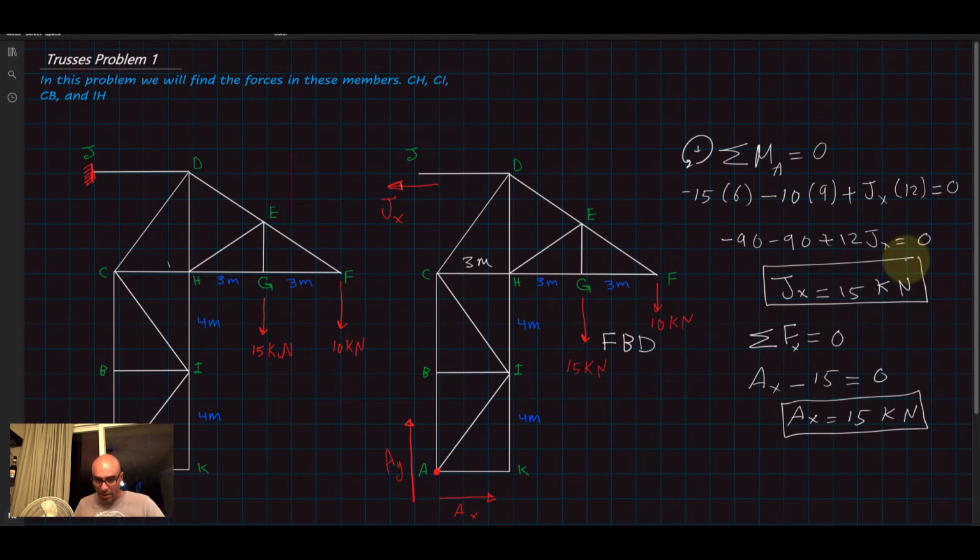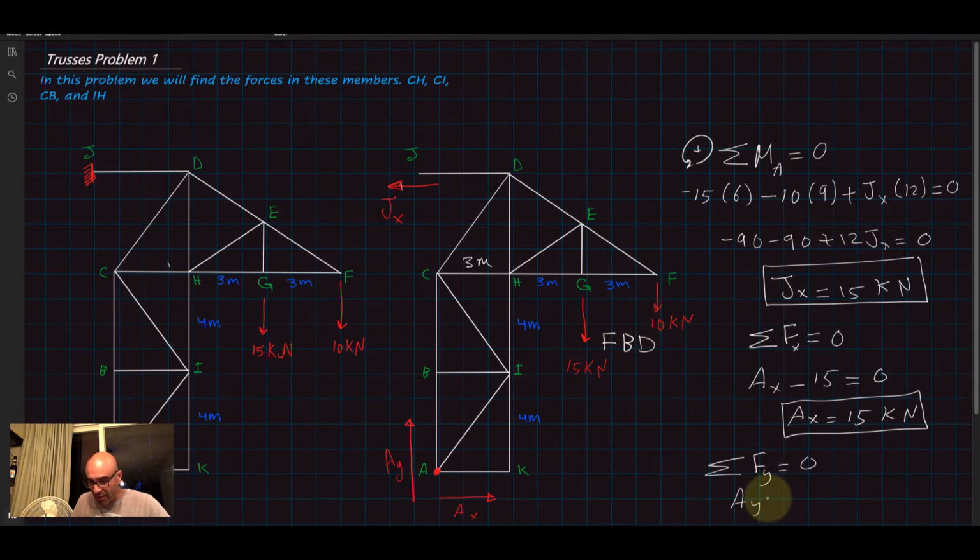All right, let's see the force here, AY. We can say summation over all the forces in the y direction must be equal to 0. We have AY positive, and these two are negative.